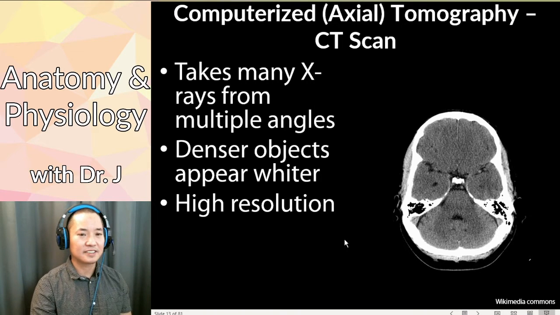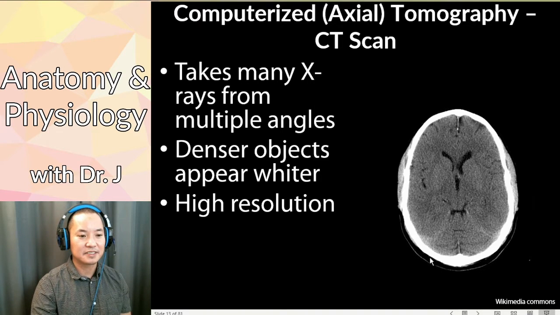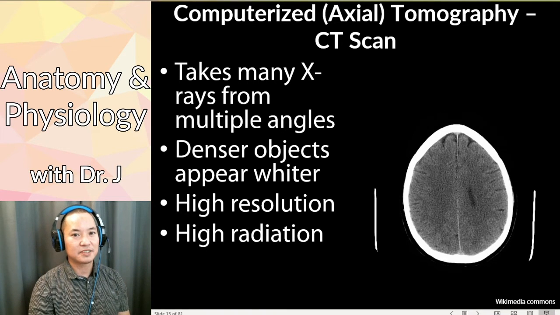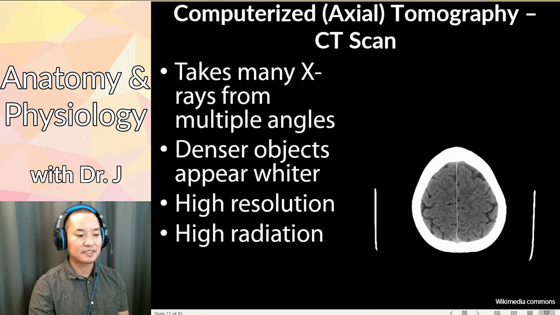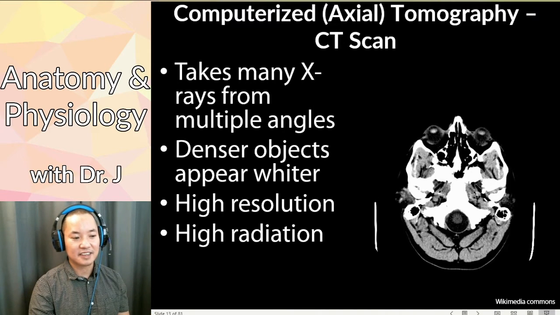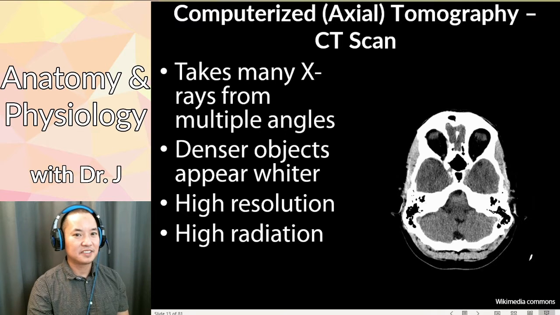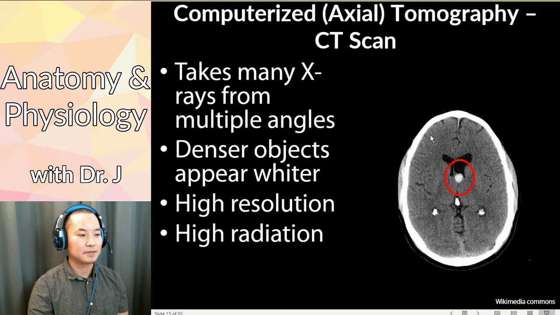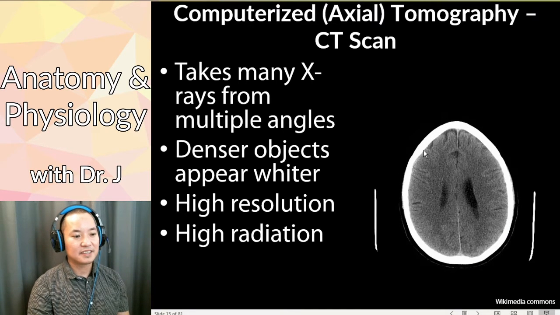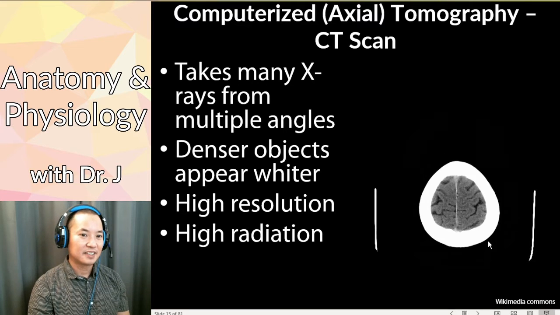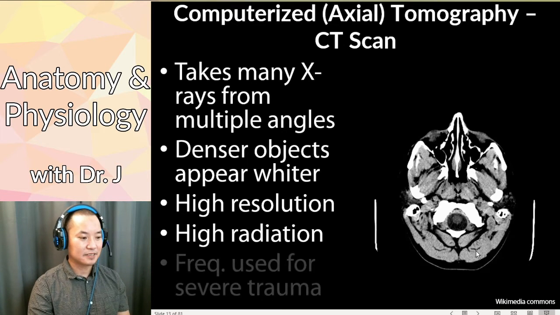The great thing is that it's very high resolution. You get detailed images. But at the same time, you're introducing X-rays, and when you're introducing X-rays, there is a chance of DNA damage, damaging cells and causing cancer. That's why you don't want to do CT scans all the time, because you are exposing the patient to radiation every time you do a CT scan. But if the patient has a potential tumor and you want to find it, it's worth balancing that risk.